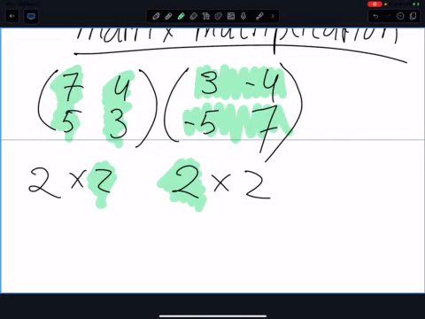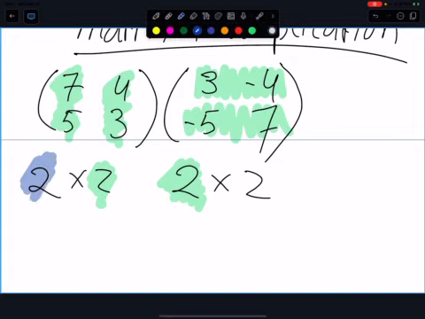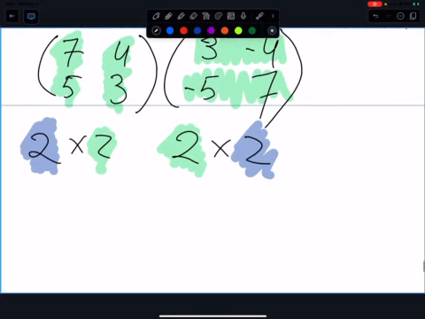It doesn't matter if it's minus. And then your answer is going to be rows, columns, because you can get different ones. So you have to know what your answer has to become as well. So your answer will also become a 2 by 2. Now you know what you have to do.